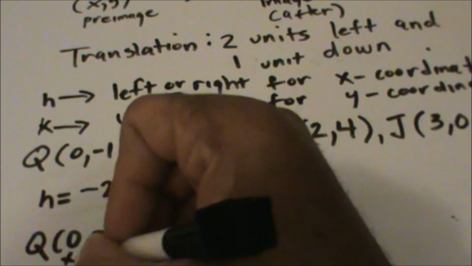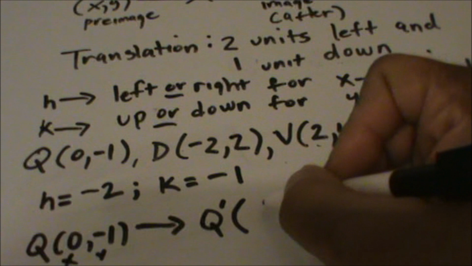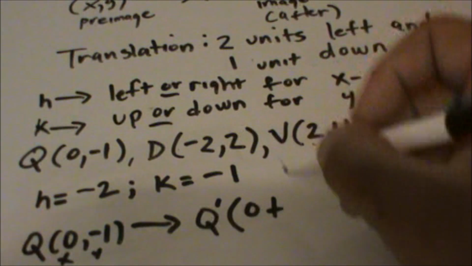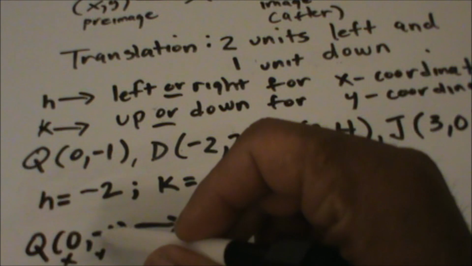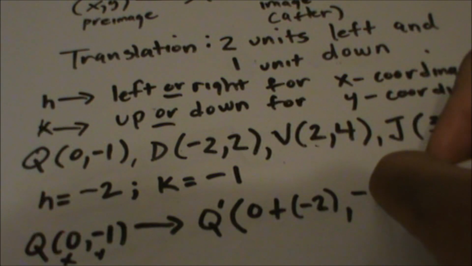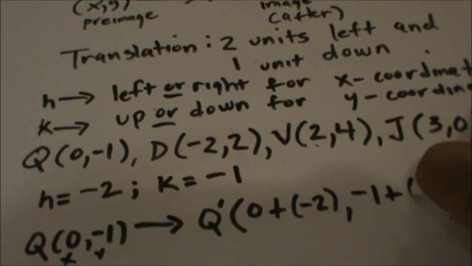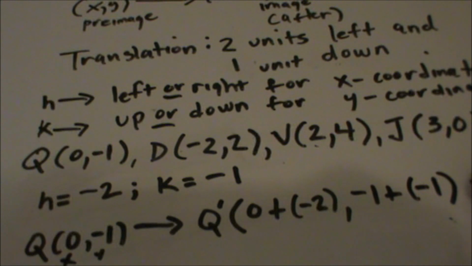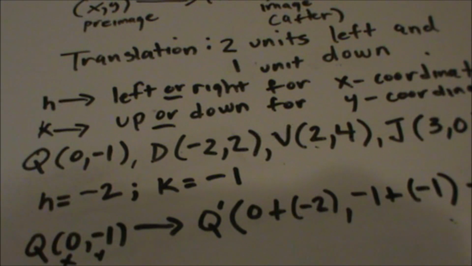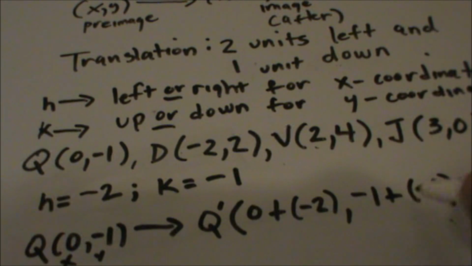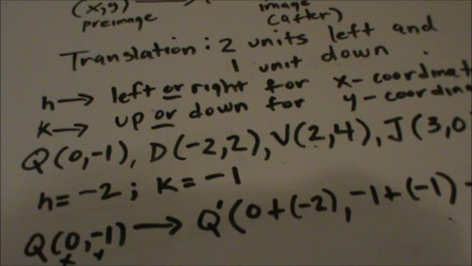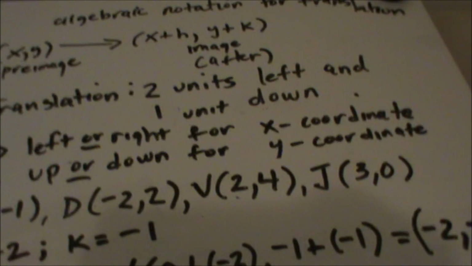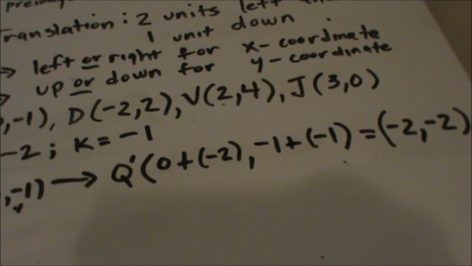Here's your X and here's your Y. The value of X is 0 plus H, which is -2, and your Y, -1, plus negative K. So your new coordinate is -2, and -1 plus -1 would be -2. So your Q prime would be (-2, -2).